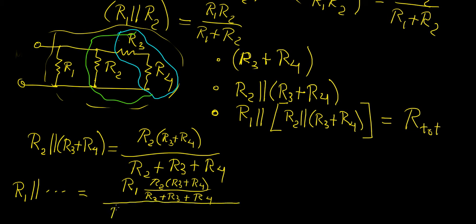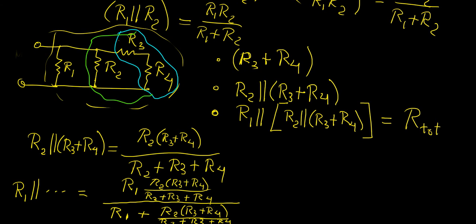So we're going to have R1 plus this whole thing, so the entire resistance, which is R2 times R3 plus R4, divided by the sum of all those resistors, R2 plus R3 plus R4. And we can see that we can essentially construct any equivalent resistance by using these basic principles.